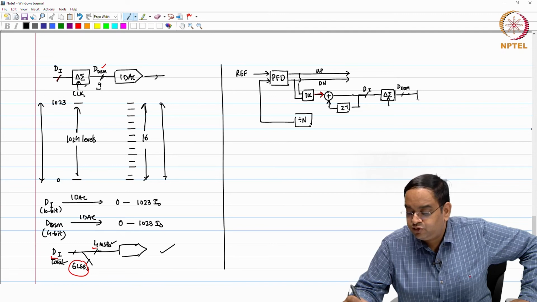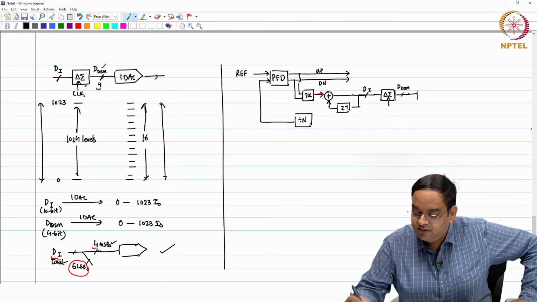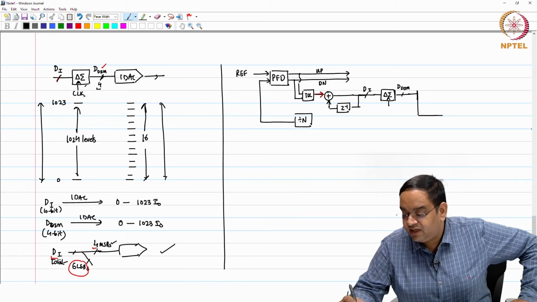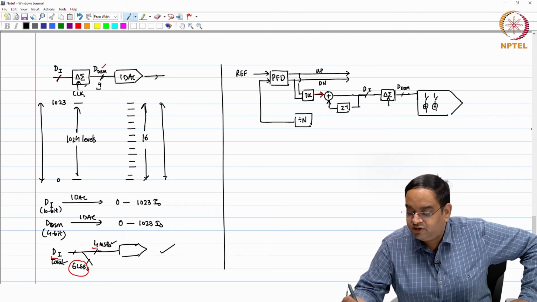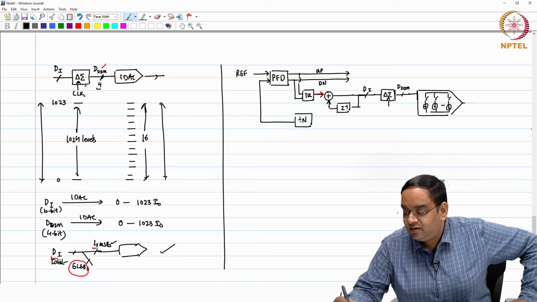This goes through a thermometer DAC, and I will just give you some block representation of that. This thermometer DAC is like switches with currents. By the way, you can also convert this to a voltage and use that. So, this DAC now controls your oscillator.